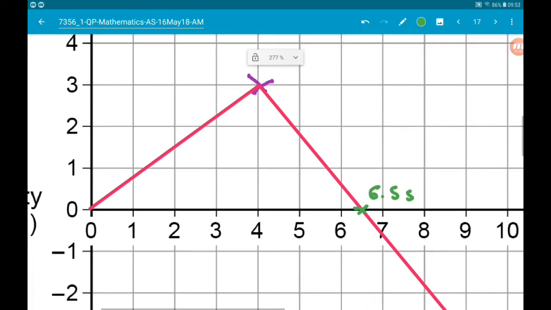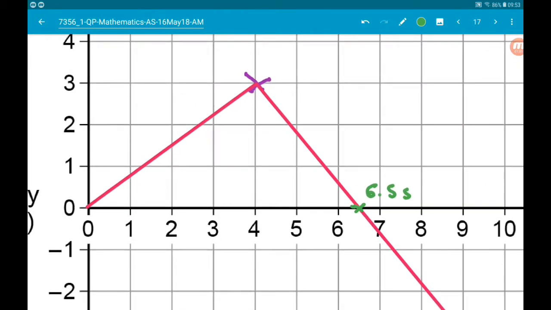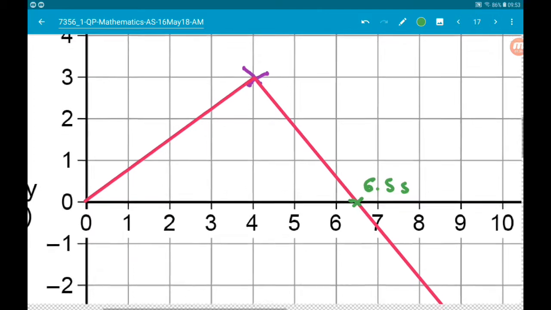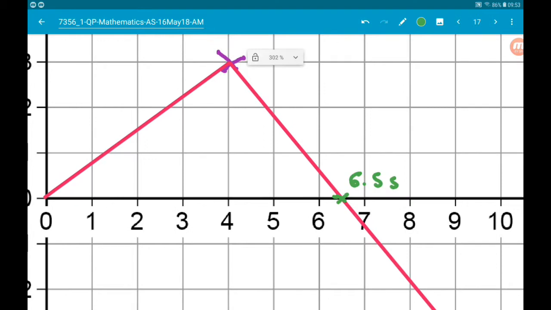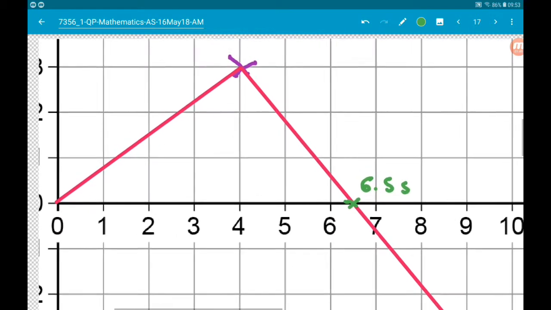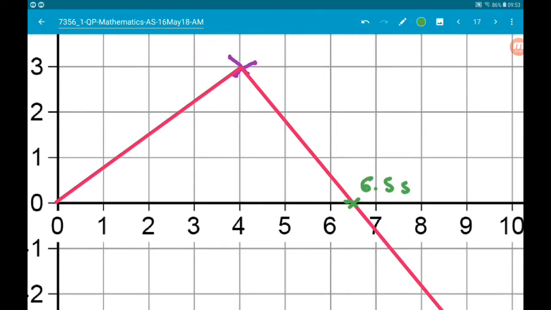So, everywhere inside of this triangle, we were moving forward. So, we need to work out the area of the triangle. Area of a triangle is base times height, divided by 2.